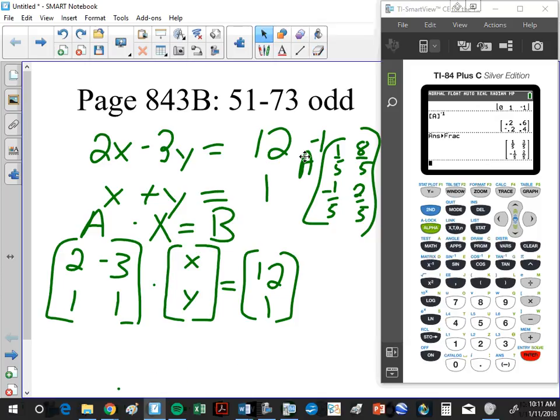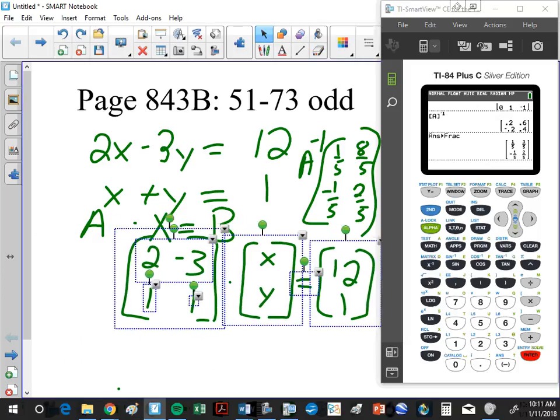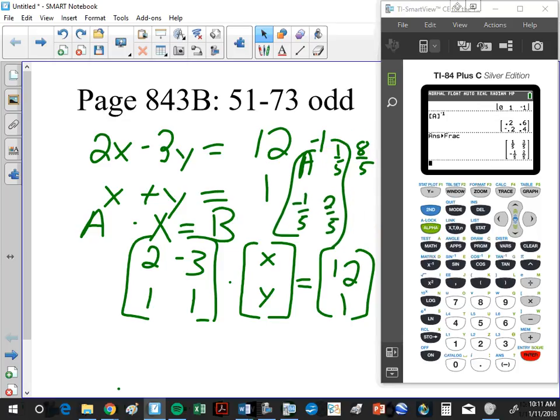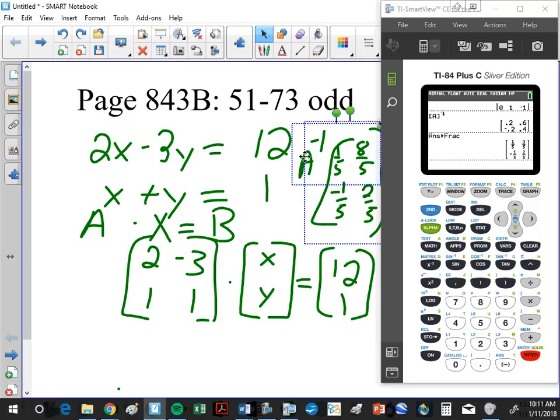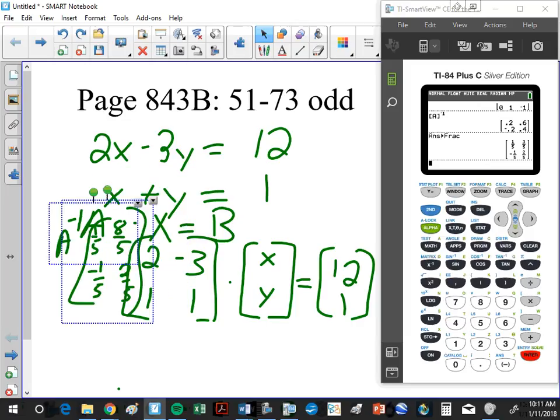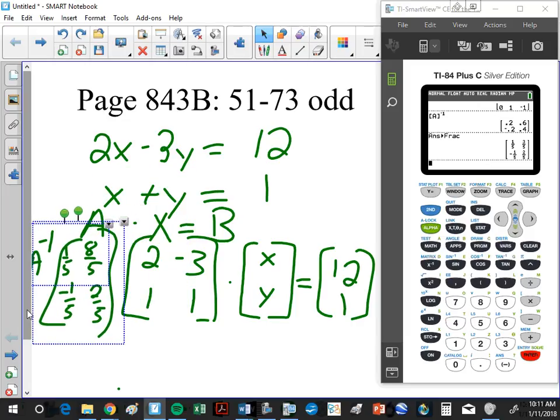Let me move these over. So what I'm going to do is bring this matrix over here. What happens when I multiply these two together? They cancel. They turn into I2.